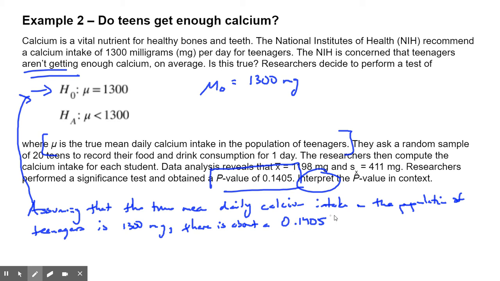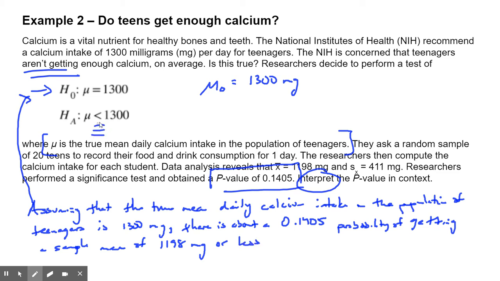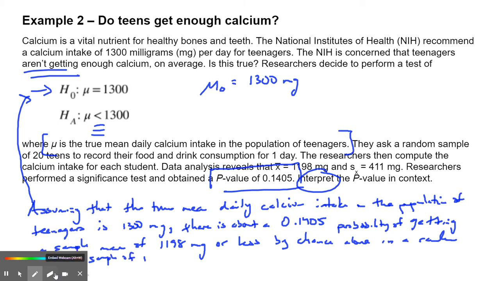There's a 0.1405 probability of getting a sample mean of 1198 milligrams or less, and again, the or less comes from the inequality symbol, by chance alone in a random sample of 20 teens.